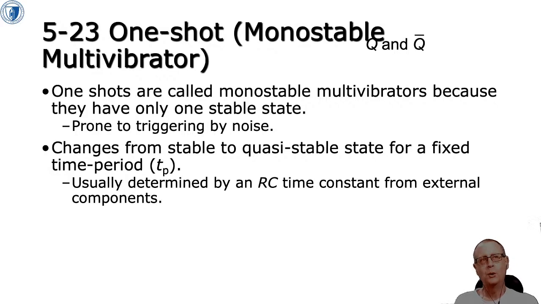They're called monostable because they have only one stable state. The idea is that they're sitting in their one stable state, and then the input comes along and bumps it into the other stable state.